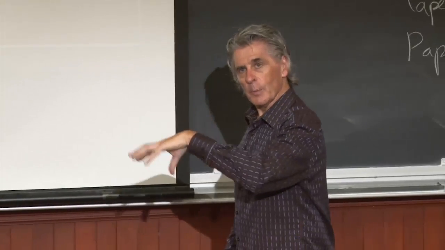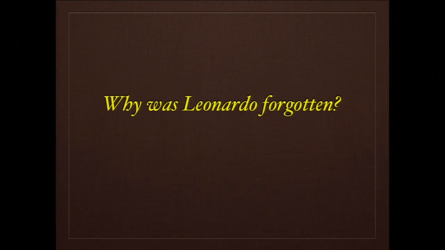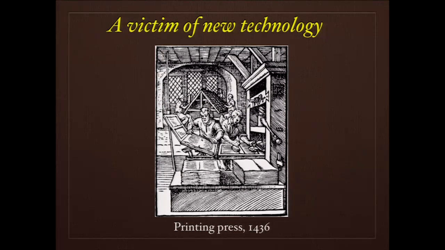So there was clearly an acknowledgement that this was coming from Leonardo's work. And then suddenly he disappears from the history books. There's no more mention of him. Huge influence on Italy and on commerce and trade. And then he was suddenly forgotten, and the reason was modern technology. The printing press comes along, and no one's going to waste their time copying a book by hand anymore.